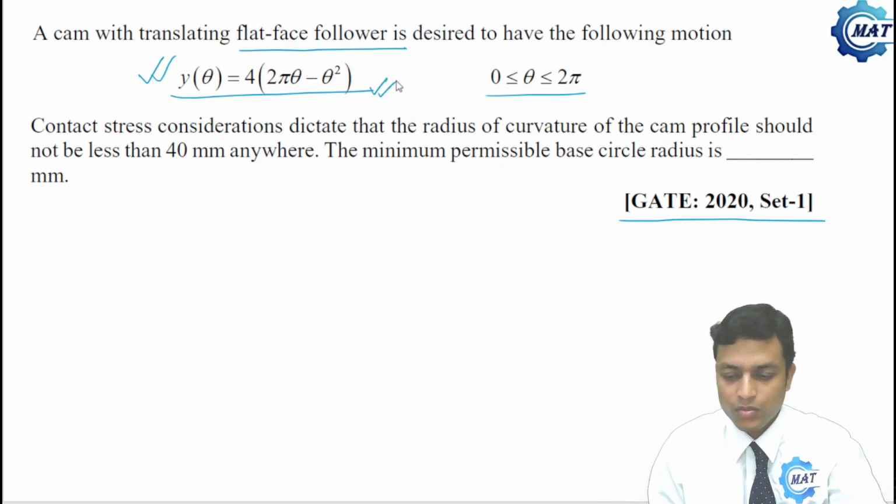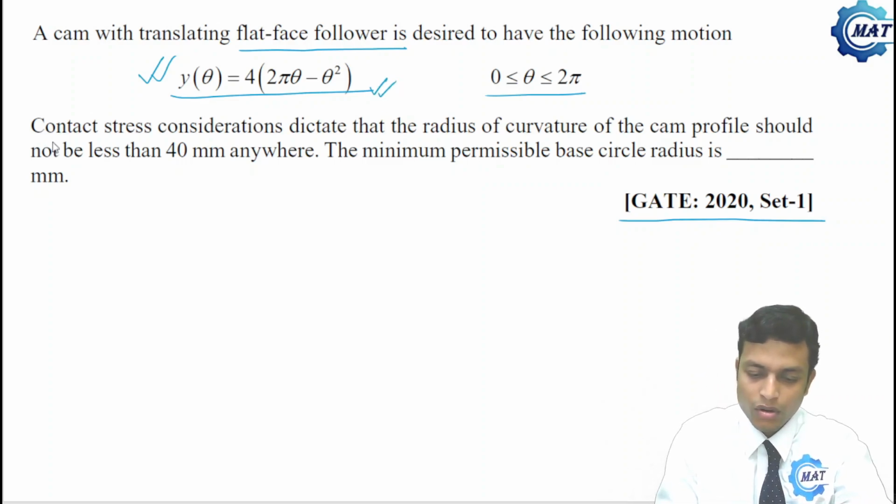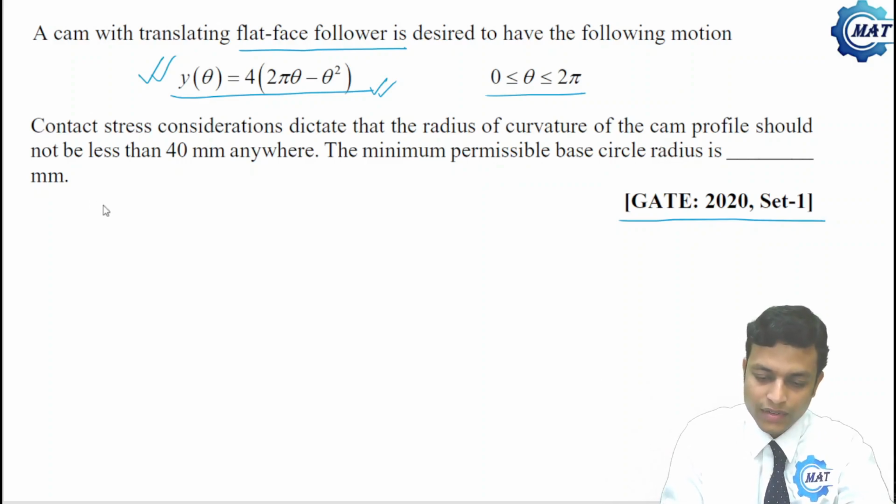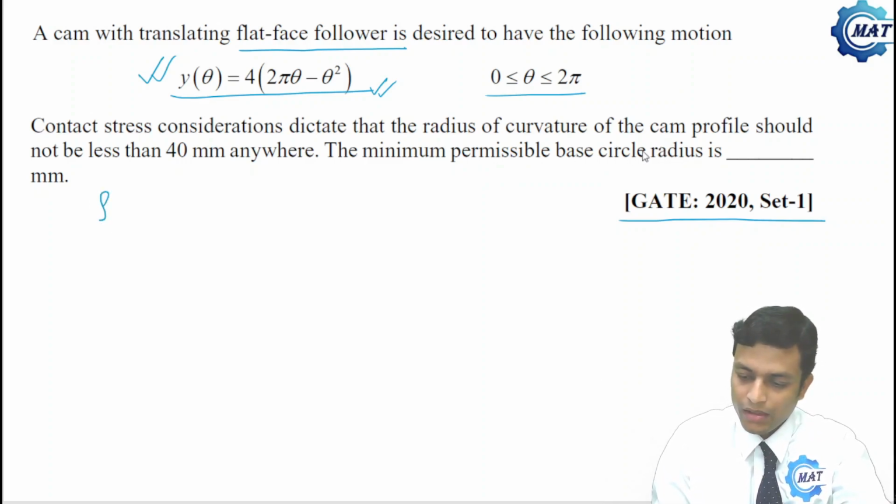Contact stress considerations dictate that the radius of curvature rho of the cam profile should not be less than 40 mm anywhere.